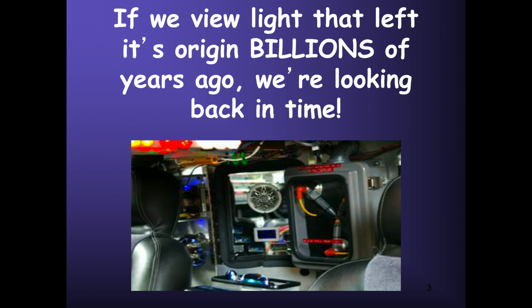It takes about 8 minutes for that light to leave the sun's surface to reach the Earth's surface. So if it takes 8 minutes for that light to go from the sun to the Earth, by the time it reaches us, how old is it? Good, 8 minutes.